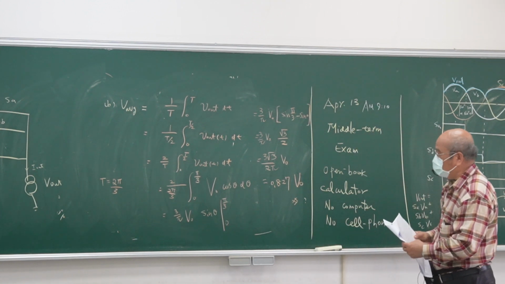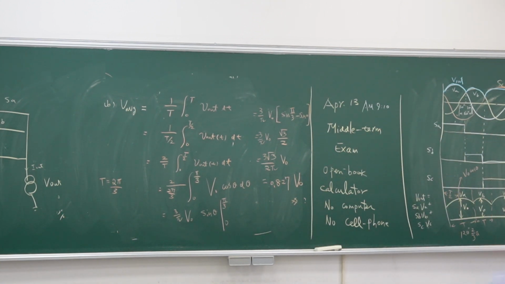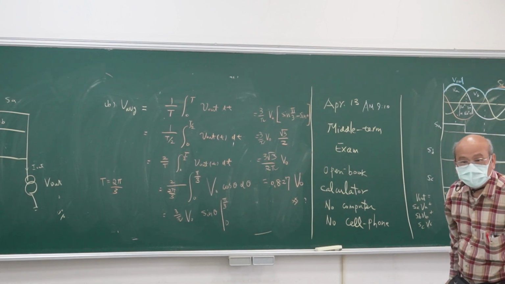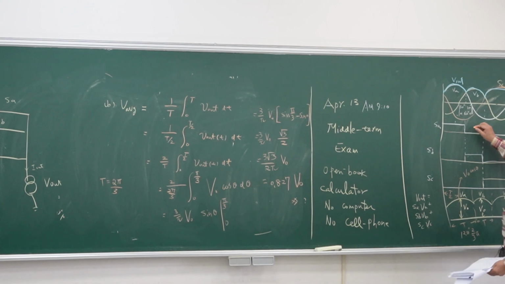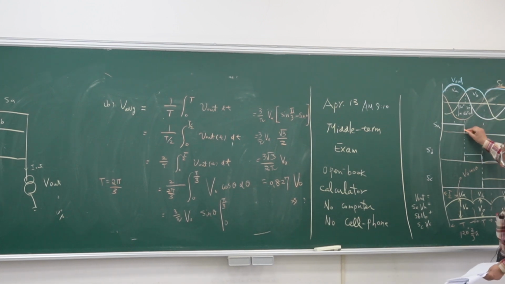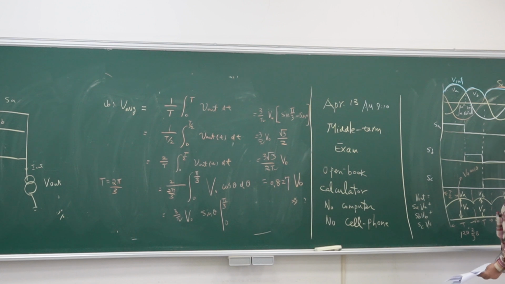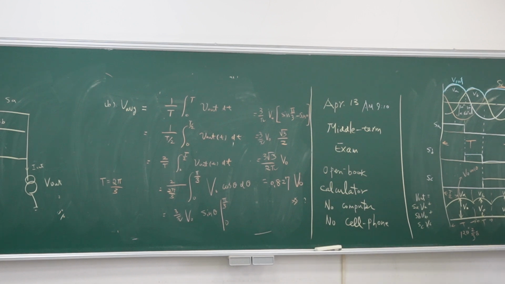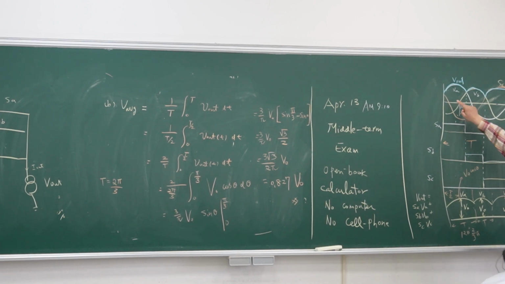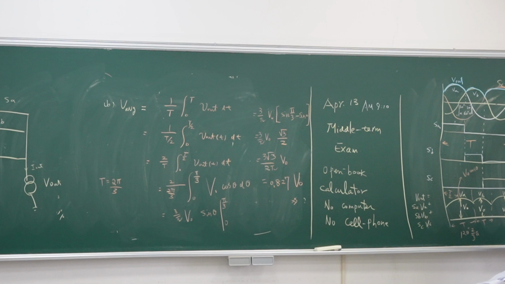Do you have any question about question 2? So how do we get 120 degrees? You can see we have A phase, B phase, C phase, and A phase. So this is T. And then we go back to the same point here.